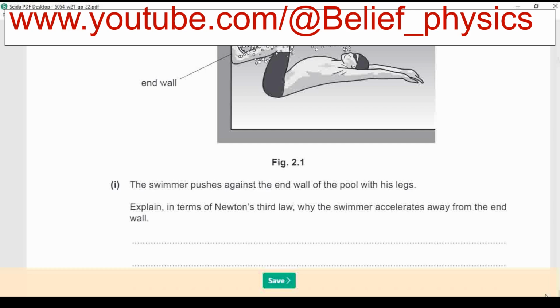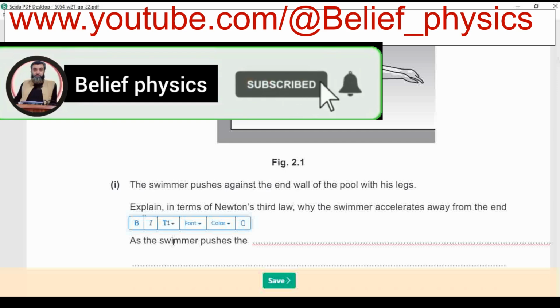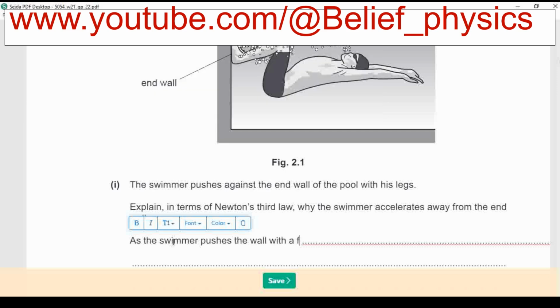So the answer will be: as the swimmer pushes the wall with a force, this is action.